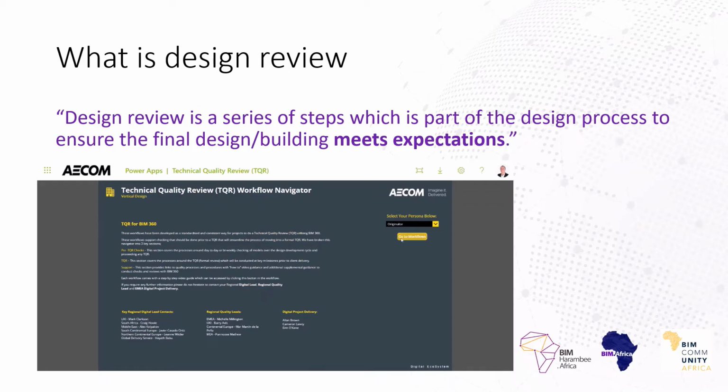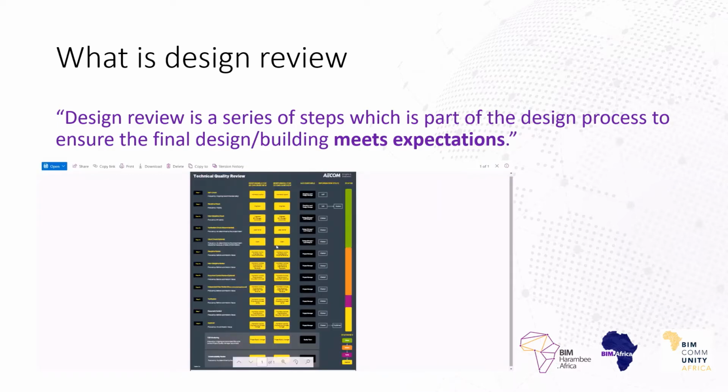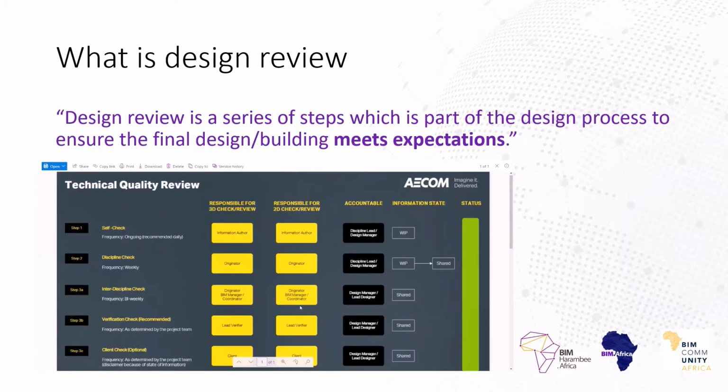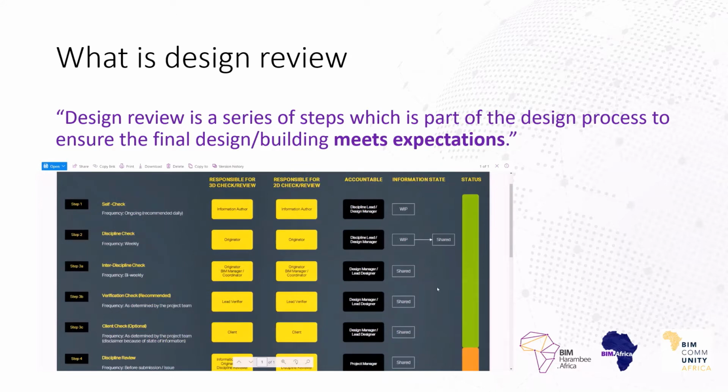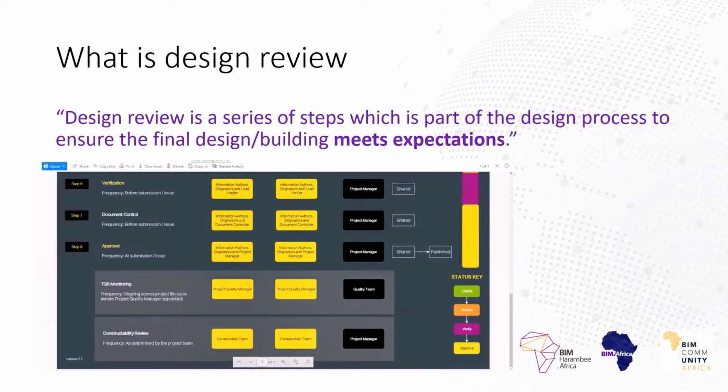So we've just gone through a couple of months of development where we've put together a Microsoft Power App and created a navigator document for our teams to navigate the different types of checks and reviews and verifications that are required on projects. In particular, we've built this around our primary platform for doing reviews being Autodesk BIM 360. So you can see that we've got quite a lot of different reviews within this Power App, and that it's quite detailed when you're in quite a big engineering company like ours.